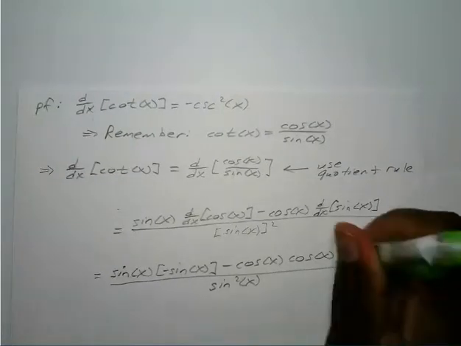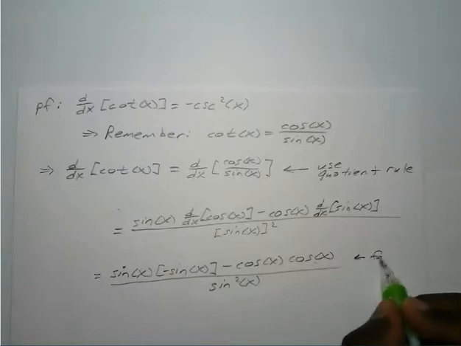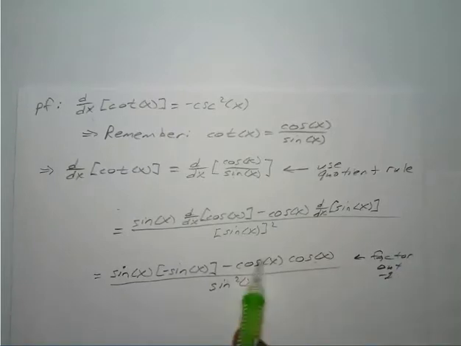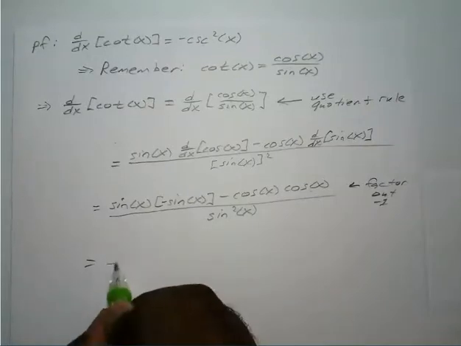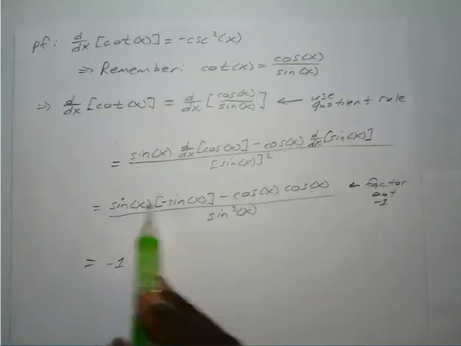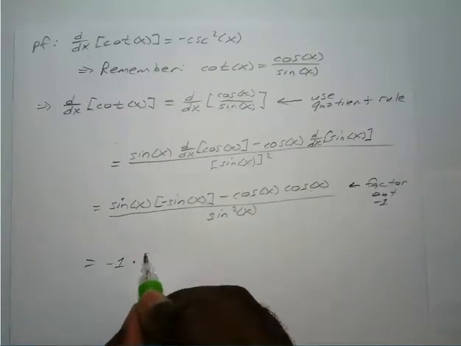Okay, so what we're going to do here is factor out a negative 1 in our numerator. If we factor out the negative 1 here, we have negative 1, so you have sine x times sine x, which is sine squared.